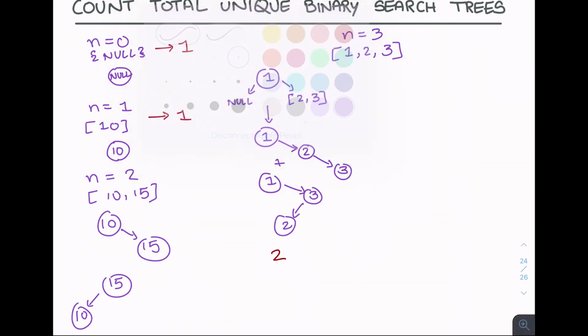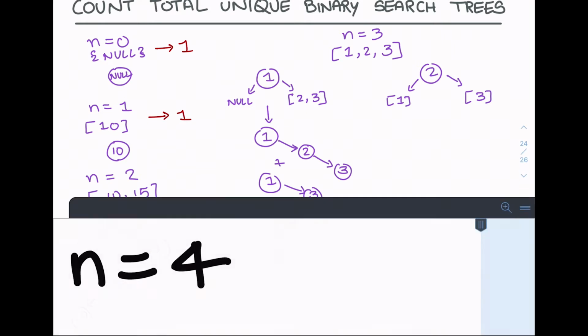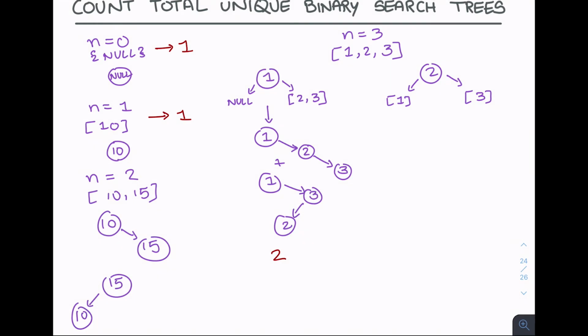If you root this BST at node 2, you see that the left subtree will have the option to choose from 1, and the right subtree will have just one node, which will be 3. So there's only one option in each case.